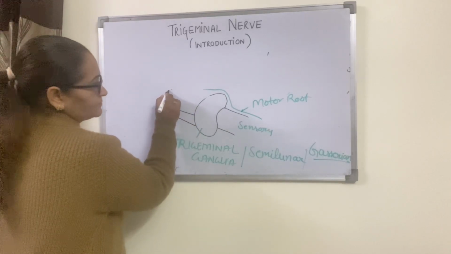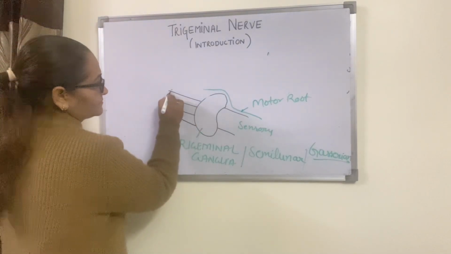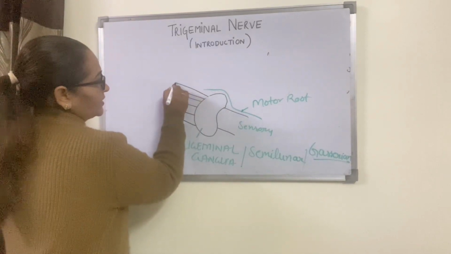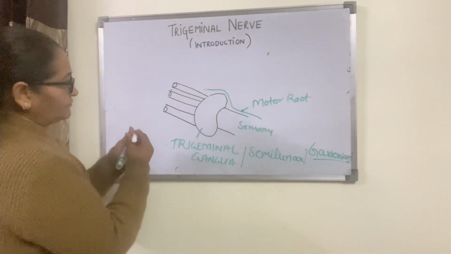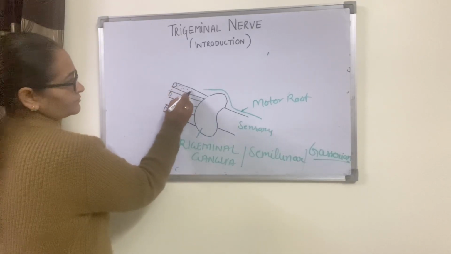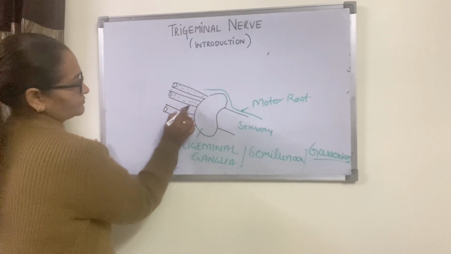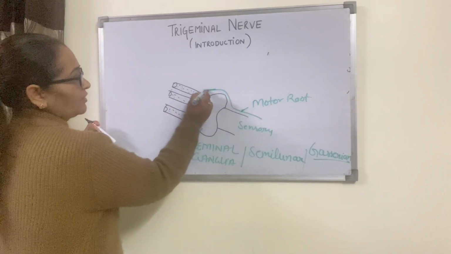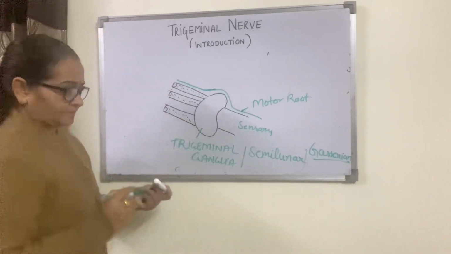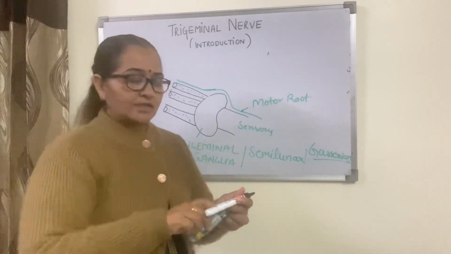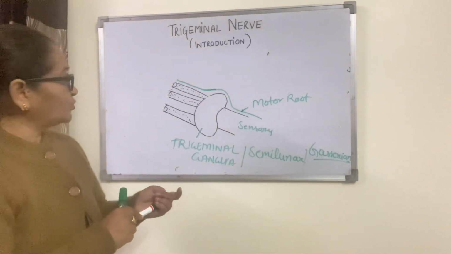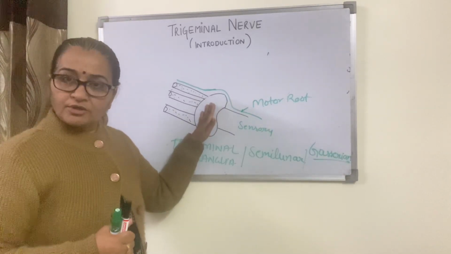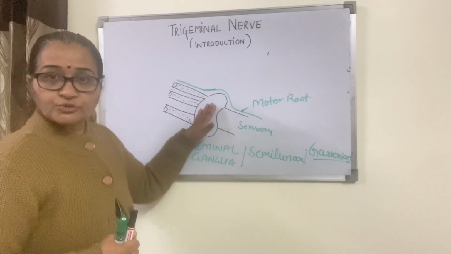ophthalmic, maxillary and mandibular. And along with the mandibular nerve, the motor root is also coming along. So it is a half moon shaped ganglion which has pseudounipolar neurons present in this portion.